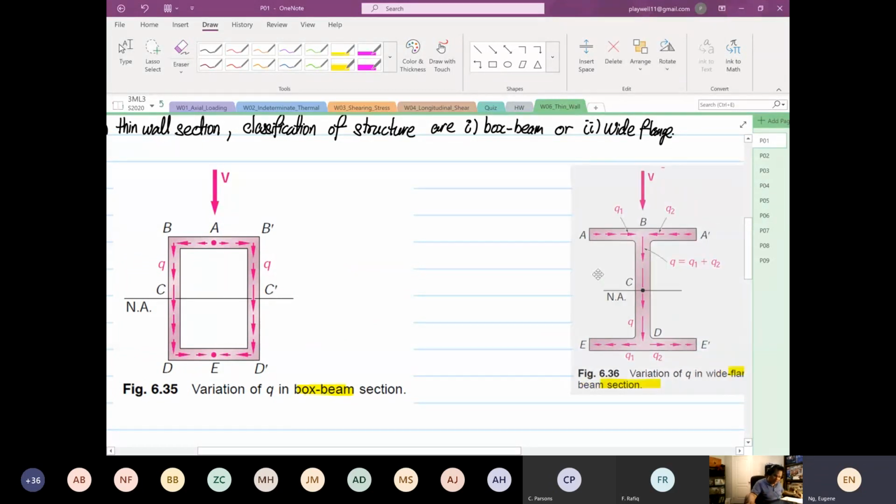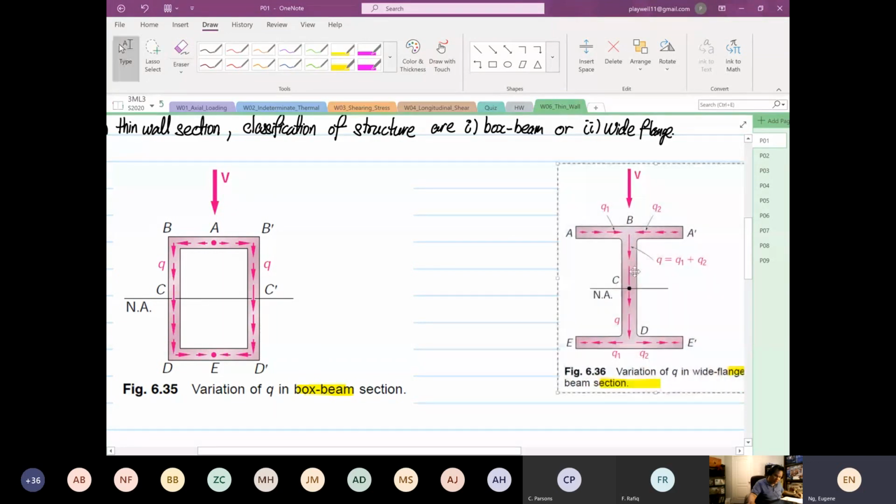There's one thing common in both diagrams, which is the major web. So I call this a major web. This is also a major web.